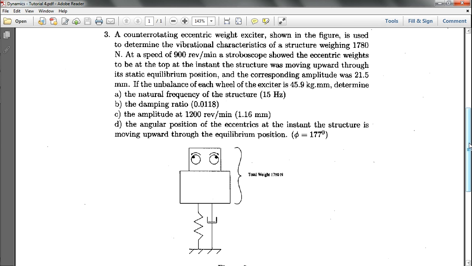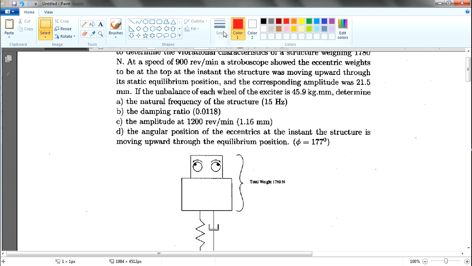So apparently you're talking about the small m, which is this m. These two of them are the small m's, so it's 2m, because there are two masses. To be at the top is where the structure was moving upward. The structure itself states that it is m minus m.